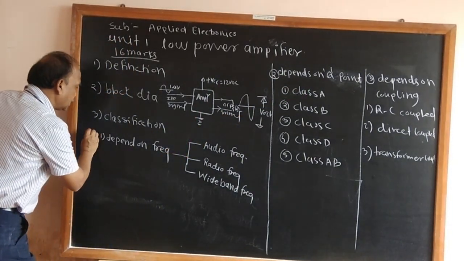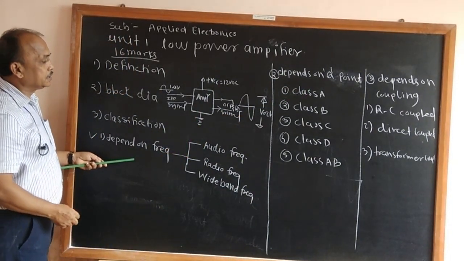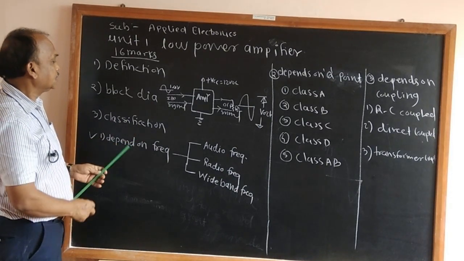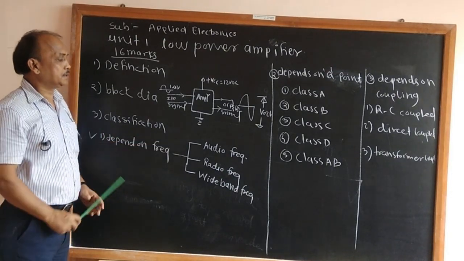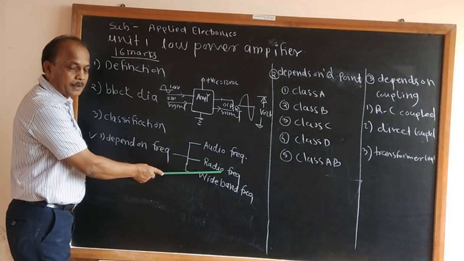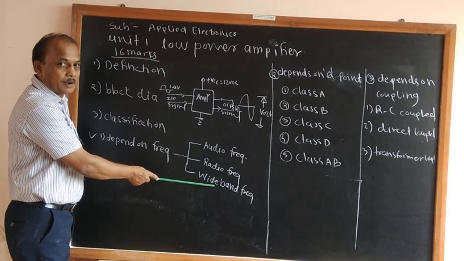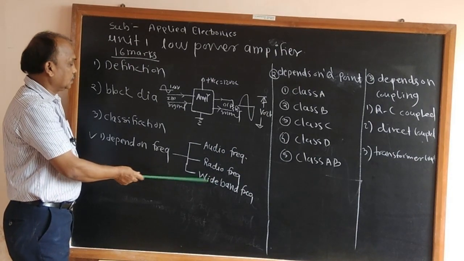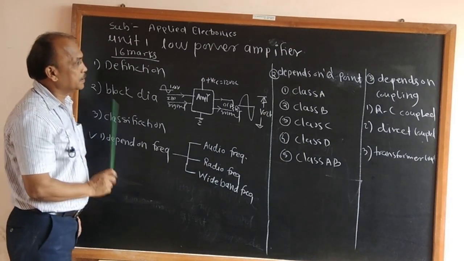Now we have to study the first point, depends on the frequency, that is the input signal frequency. There are again three subtypes. One is audio frequency amplifier, second is radio frequency amplifier, and third is wideband frequency amplifier. This is the first point, depends on the frequency.